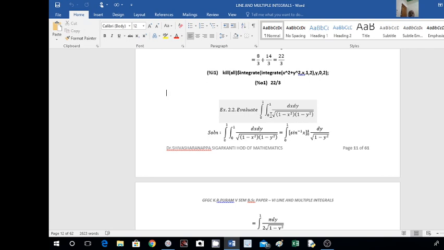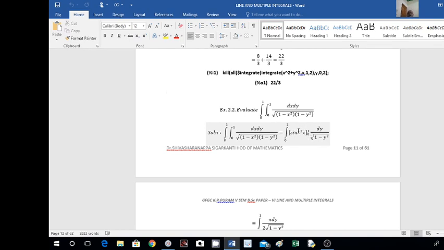What are the limits of x here? 0 to 1. So this is between 0 and 1 and the constant we are keeping as it is. Now substitute the limits here. For x I have to put 1, minus lower limit 0. That is sine inverse of 1 minus sine inverse of 0.